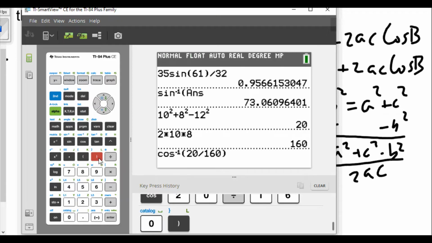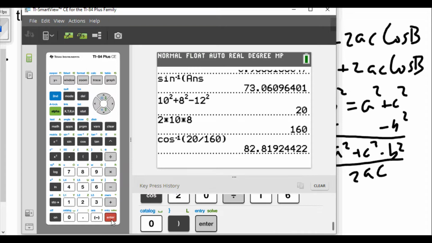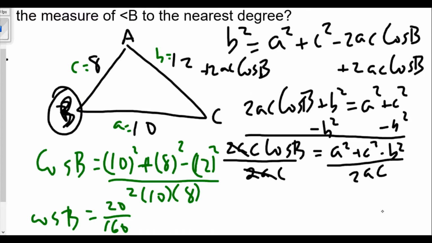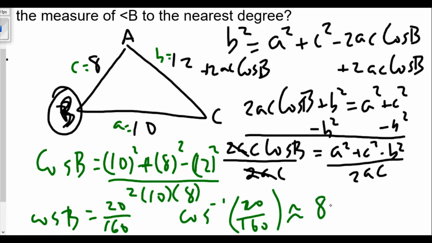I don't need to simplify. Everything is going to be found by itself this way. And we find ourselves with 82.8192 degrees.